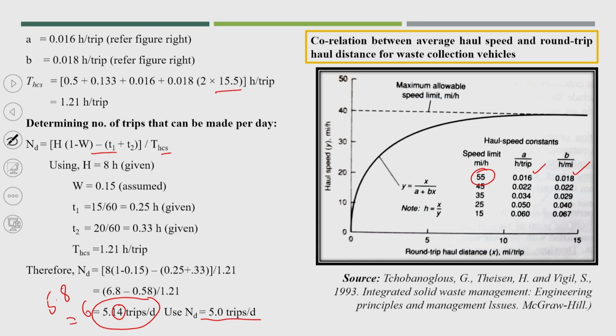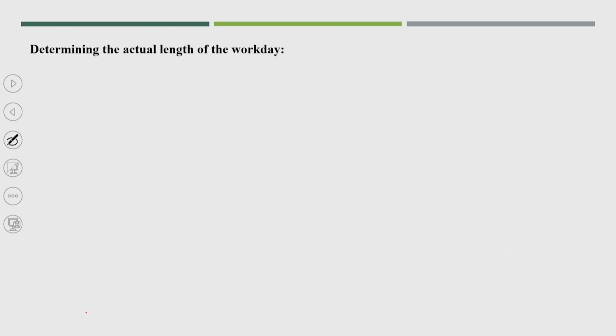So, here it is just 5.14, so we are assuming 5 trips per day. Because the trips have been reduced, theoretically we found 0.14, but we assume the numerical value 5. So, we will again determine the actual length of the work day, because the 8 hour work day will not be possible. So, how much time will remain?